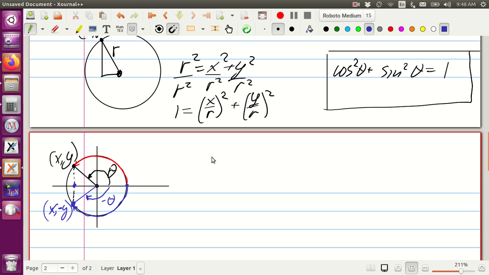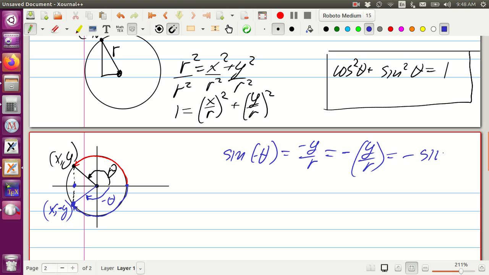Why do we have this discussion? Because if you think about sine of negative theta, it's going to be negative y over r. And if you take the minus and put it outside, and think about what y over r is, it's just sine of theta. So sine of negative theta is negative sine of theta.